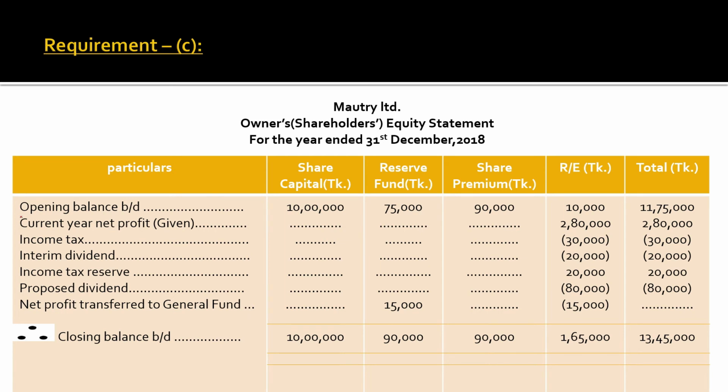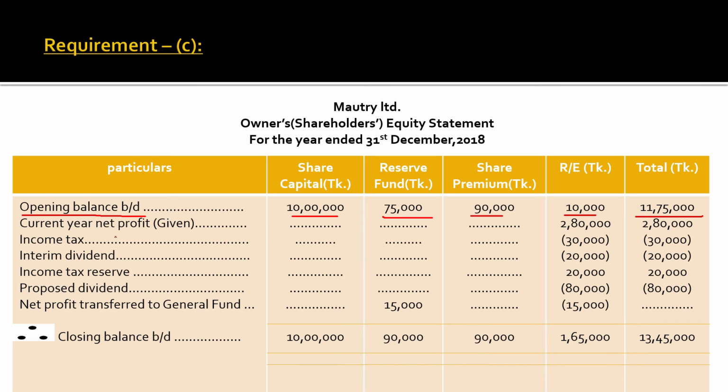We know that shareholders equity statement will be started in this math with opening balance of share capital 10 lakh taka, reserve fund 75,000 taka, share premium 90,000 taka, retained earnings 10,000 taka. So total 11 lakh 75,000 taka.